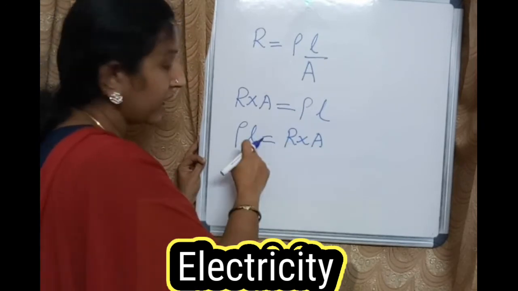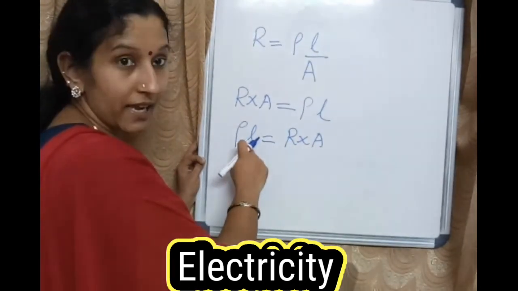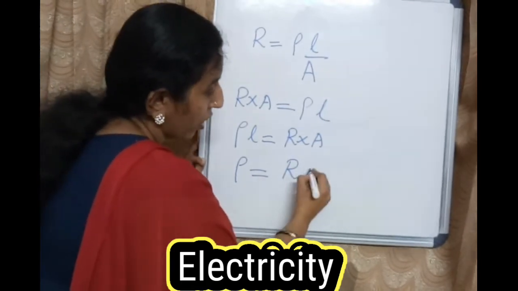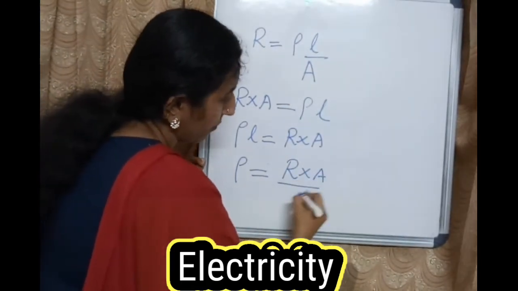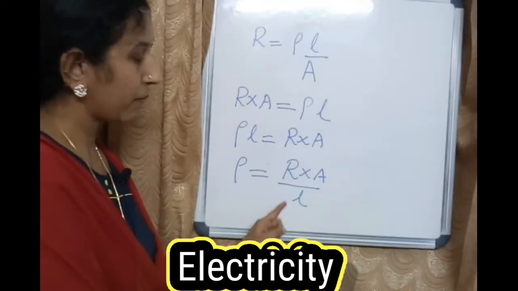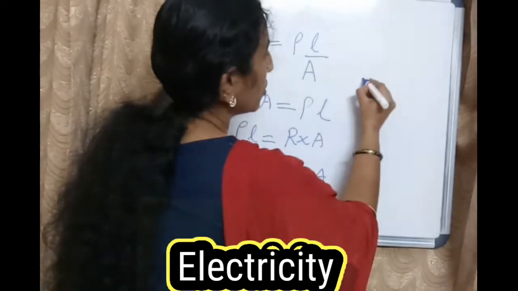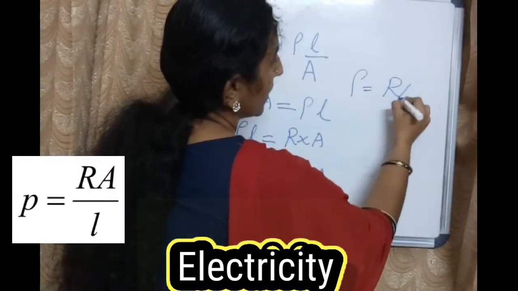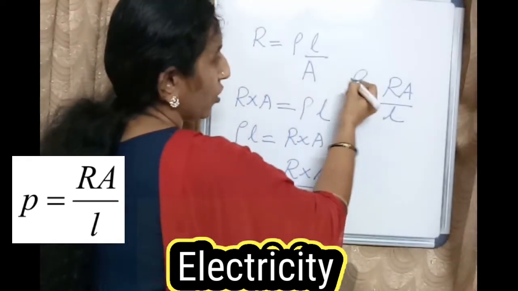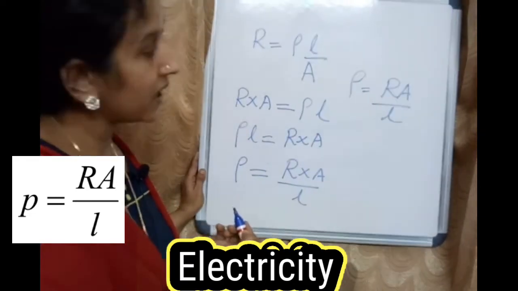R into A by L. The L comes down. So this is the equation for rho. Rho equals R A by L. This is the equation for resistivity rho.